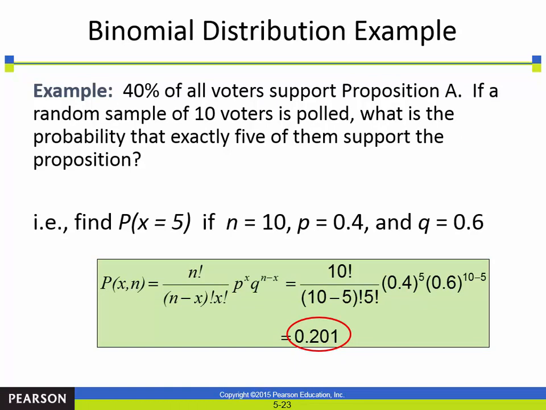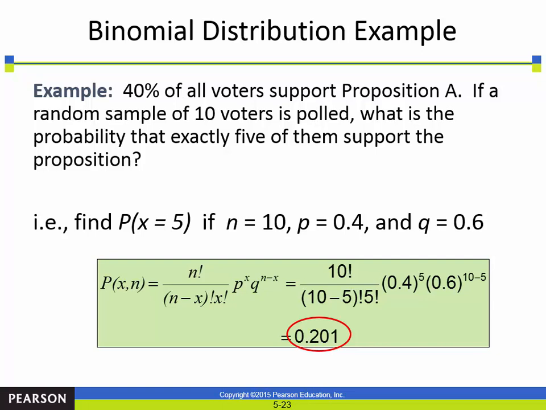So here's their example. 40% of all voters support Proposition A. If a random sample of 10 voters is polled, what is the probability that exactly 5 of them support the proposition? So the first thing I would do if I had to work this out by hand using the formula, I would say, okay, what's my n? N is 10. My p, or my success, is 0.4, which means my q would have to be 0.6, because p and q always add up to 1.